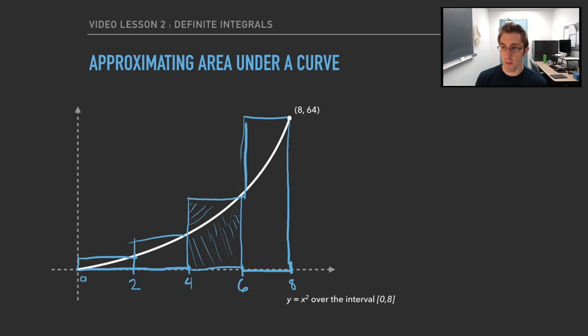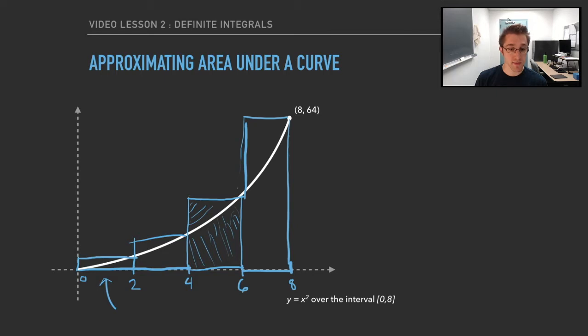So to find the approximating value, we're going to add the areas of these rectangles. We know how to compute areas of rectangles. It's just the length of the base times the height.